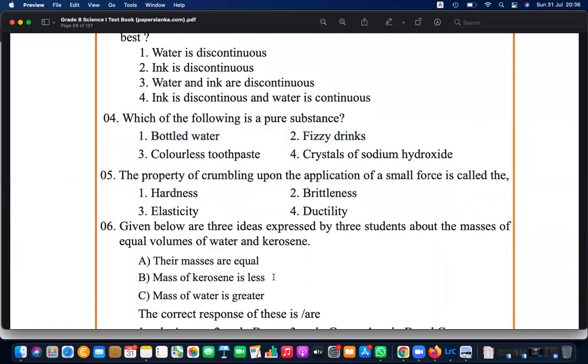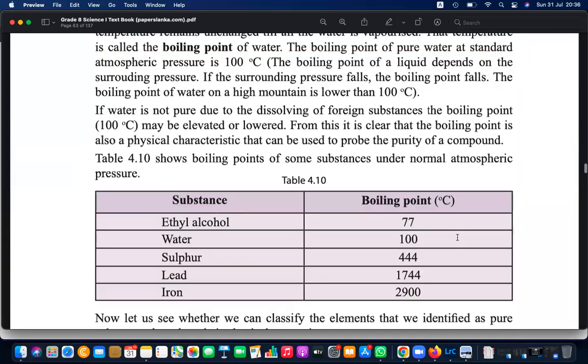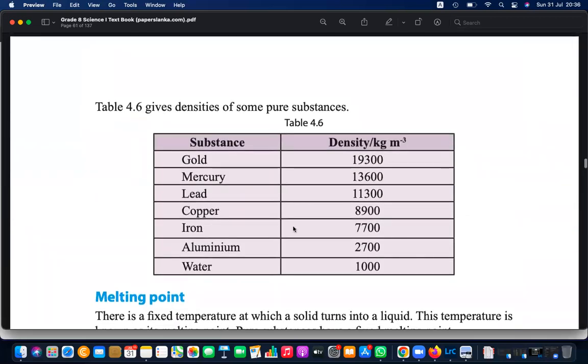So which of the following is a pure substance? Can you remember the pure and non-pure substances we discussed? We discussed elements, and I think we discussed purity and non-purity here.